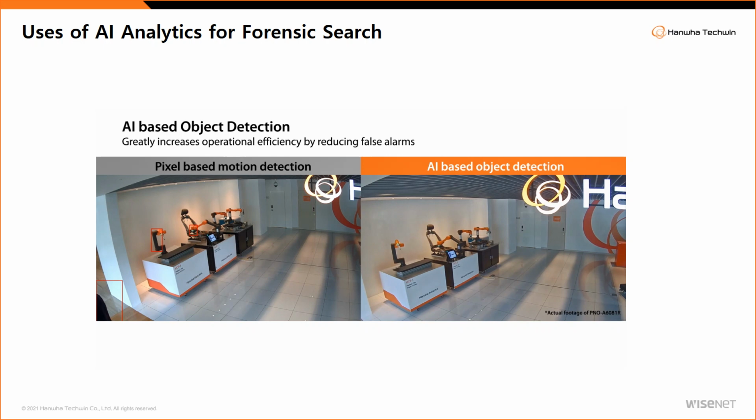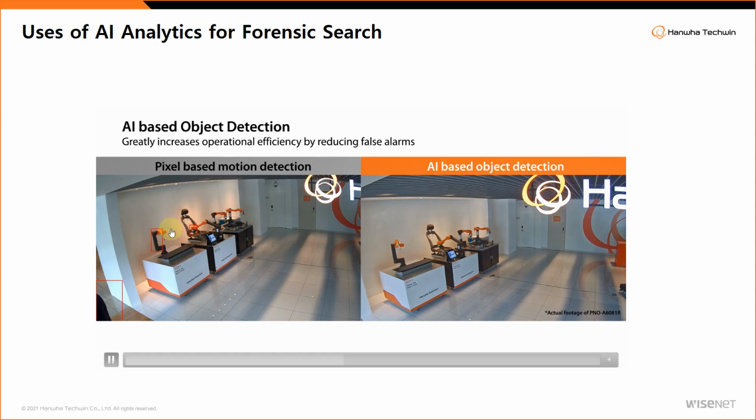If there is a machine moving, it will not be detected as motion. In AI-based analytics, it only focuses on what the camera has been trained to understand, as in the camera has been trained to detect a human being.